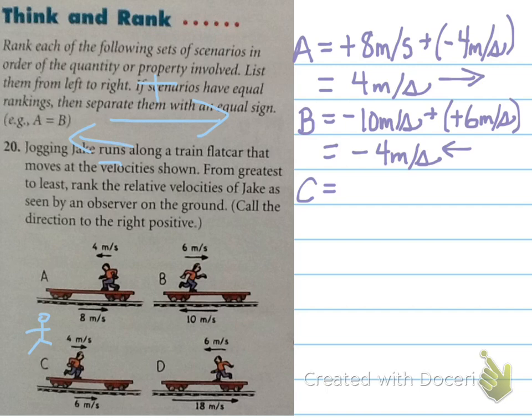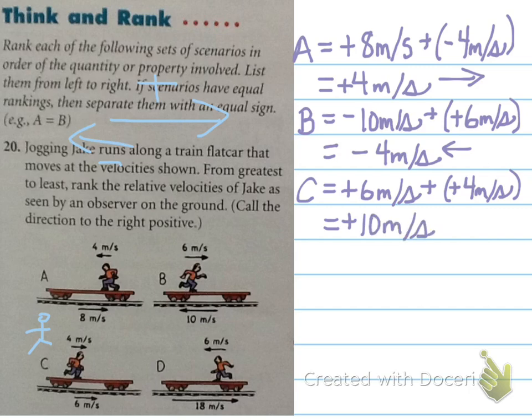Letter C. Again, I have a positive 6 meters per second for the train plus a positive 4 meters per second for Jake. So that gives me a positive 10 meters per second, which means on the ground it looks like he's moving to the right at 10 meters per second. And letter D, I have for the train a positive 18 meters per second plus a negative 6 meters per second because he's moving to the left.